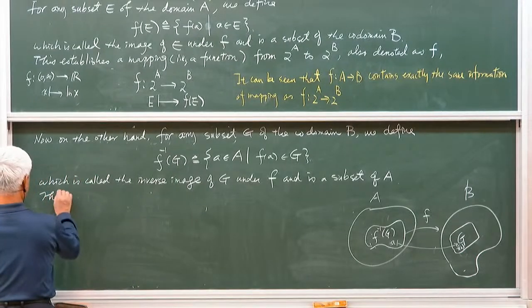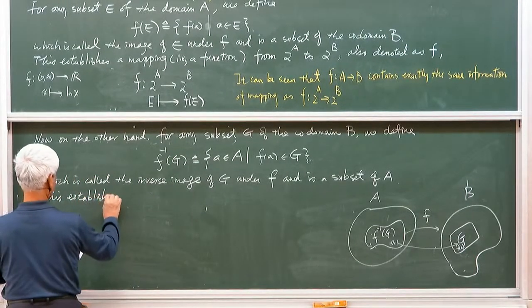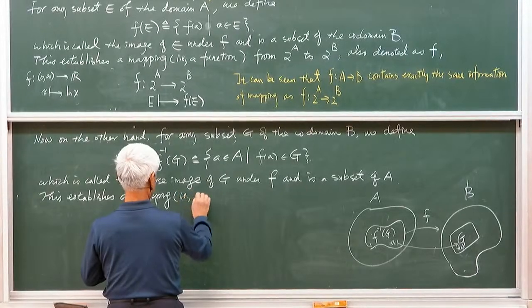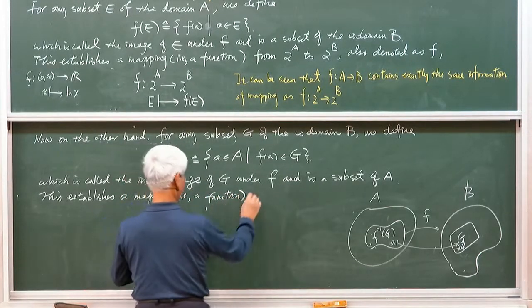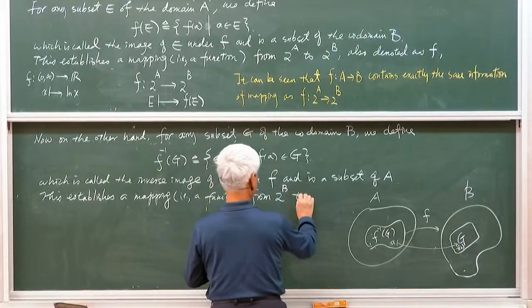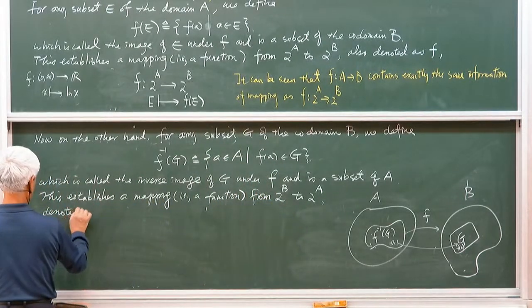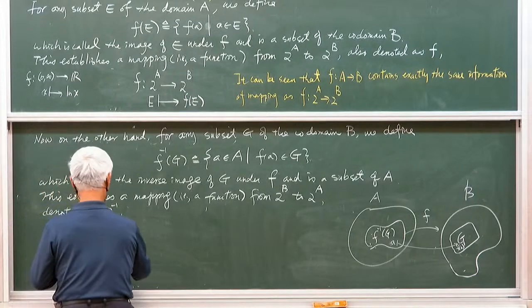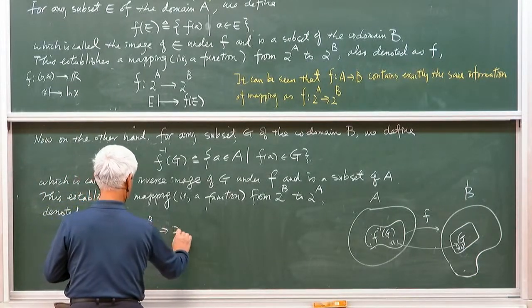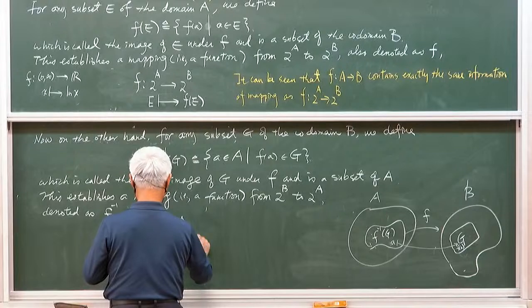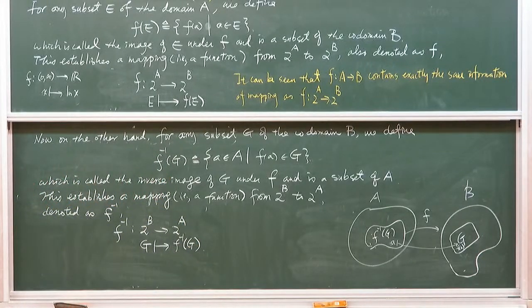All right, then this establishes a mapping, a function from the power set of the codomain to the power set of the domain, denoted as F inverse, from power set of B to power set of A, by G goes to the inverse image of G. Now we have established the concept of the inverse of a function.